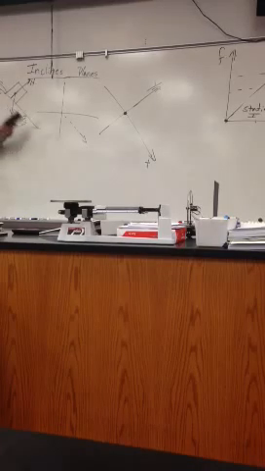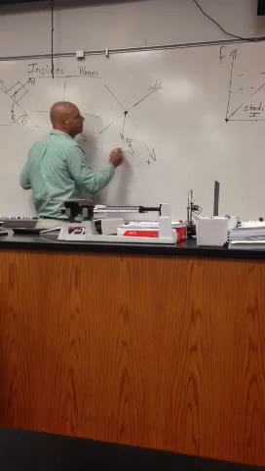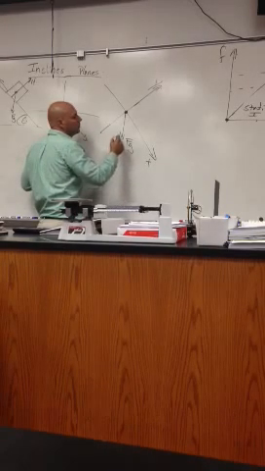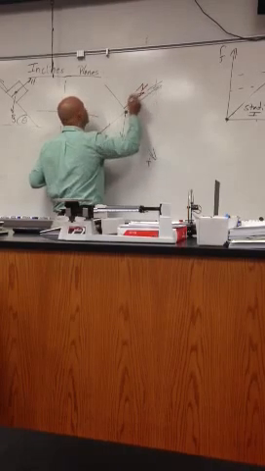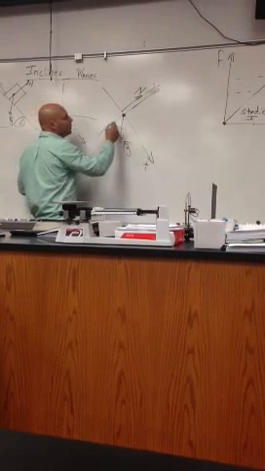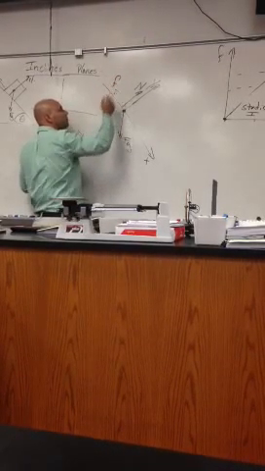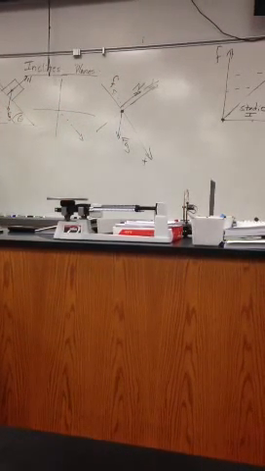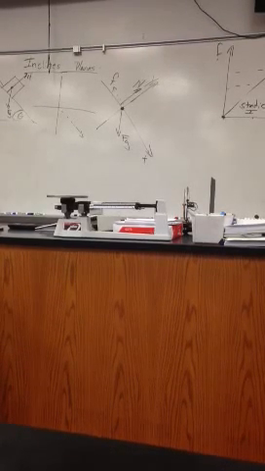The forces now I put at the origin: Fg, Fn, and if there is friction, friction. But whenever we have a force at an angle, we draw the components to be more specific.